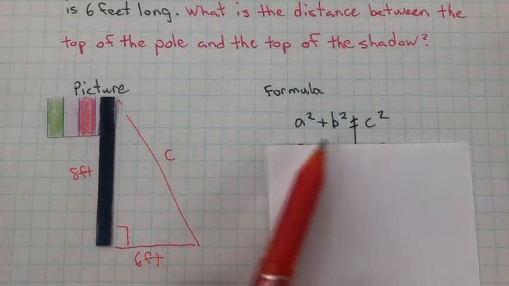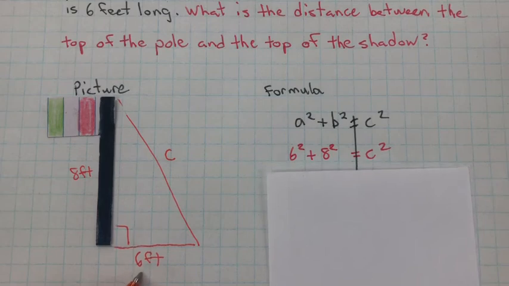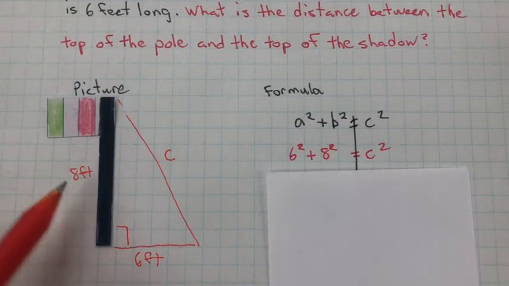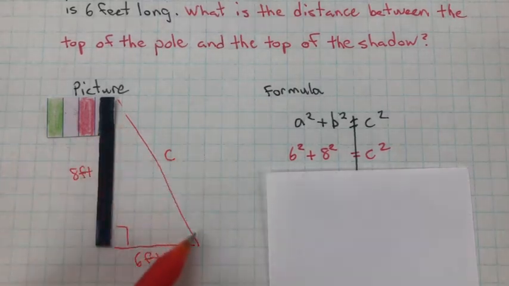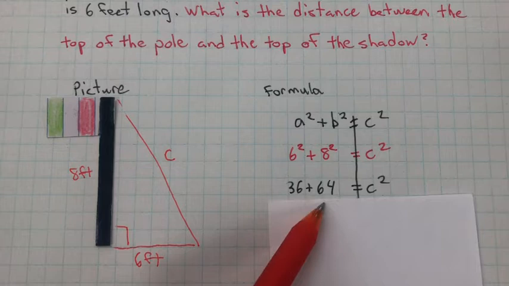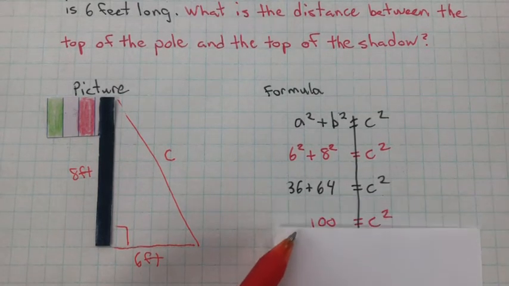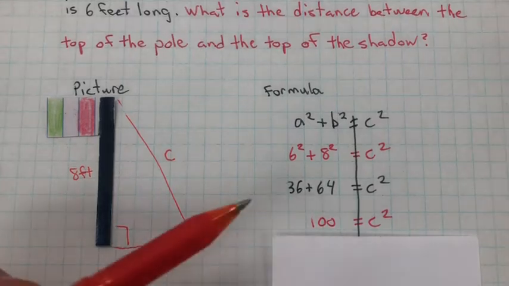A squared plus B squared equals C squared. So 6 squared plus 8 squared equals C squared. 6 squared is 36. 8 squared, 8 multiplied by 8 is 64. Combine like terms. 36 plus 64 is 100.